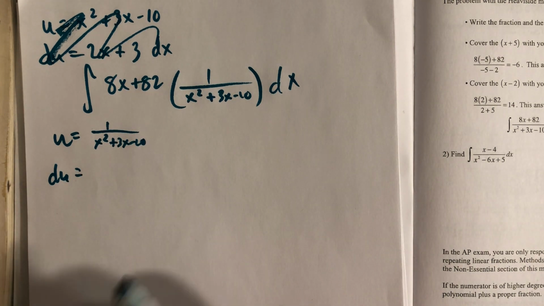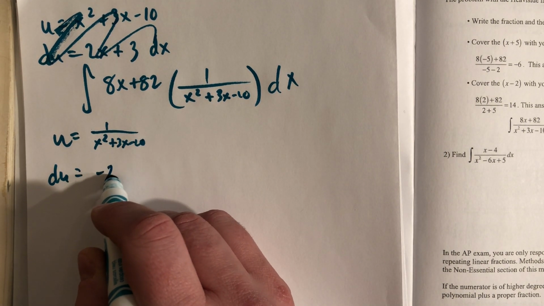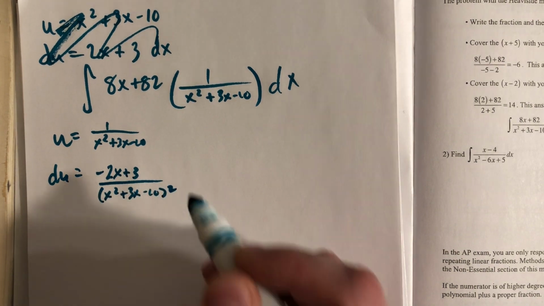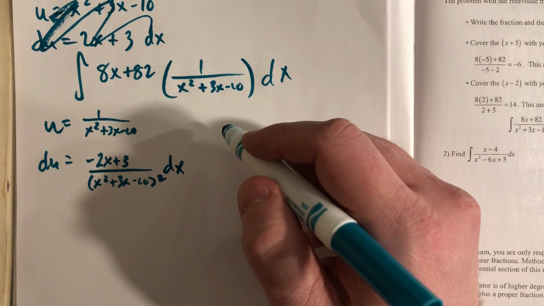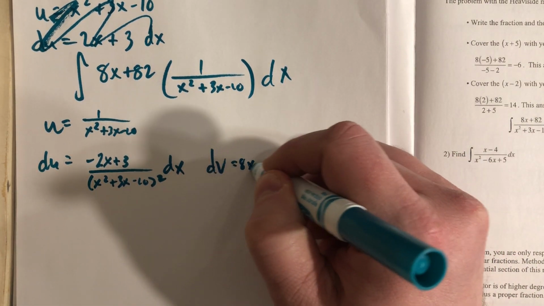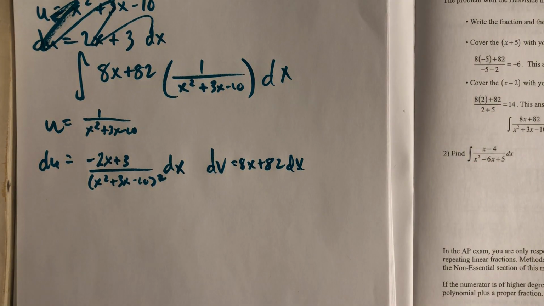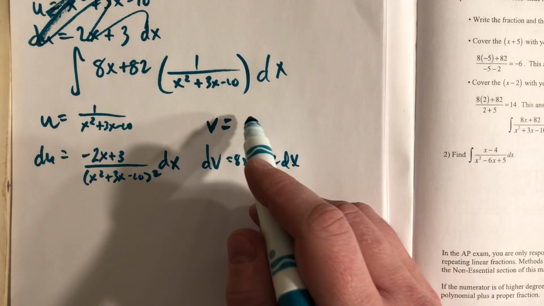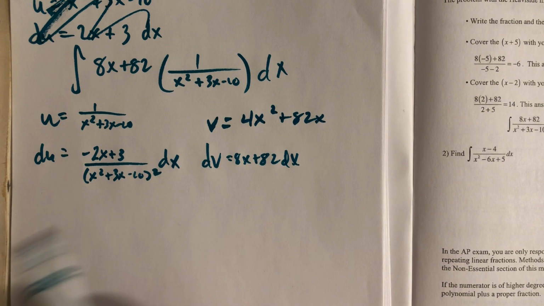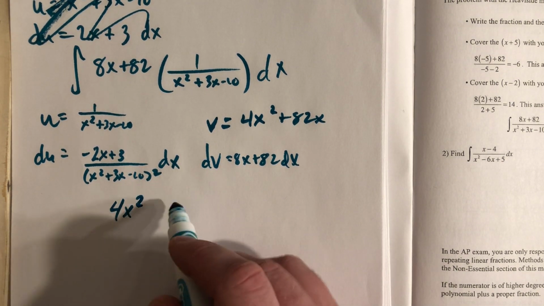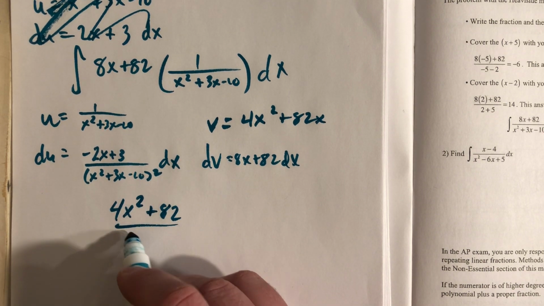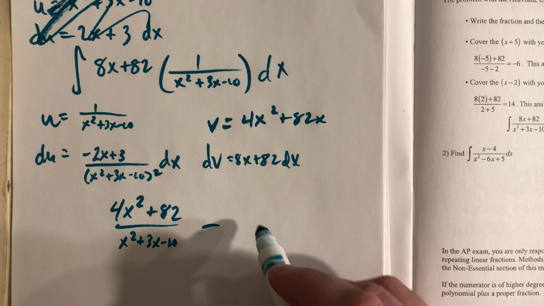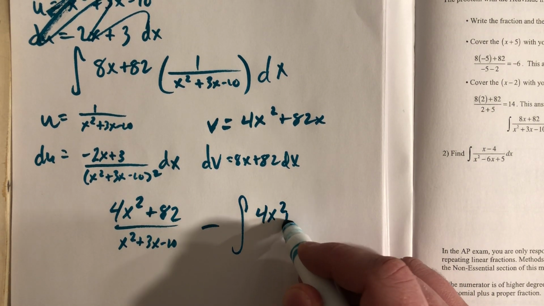I'm just spitballing, so I'm going quickly. Then dv would be 8x + 82 dx, which would make v equal to 4x² + 82x. Then with my parts formula, u times v minus the integral of v du, my v is 4x² + 82x.